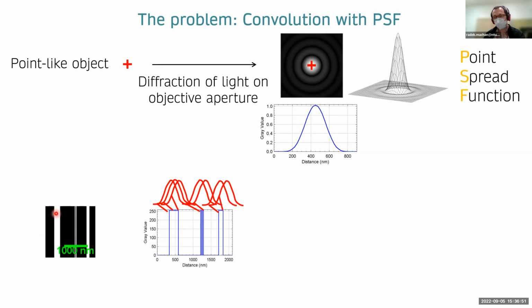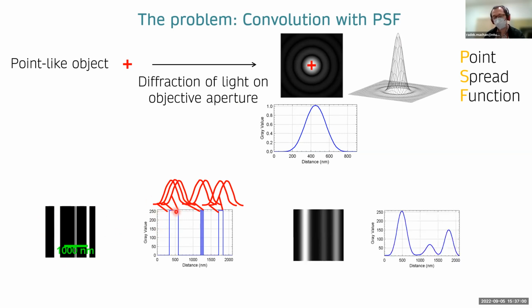You can imagine that the image will be the ground truth with a point spread function sitting at each point. By having the point spread function at each point, all the features of the object will be blurred in the image.